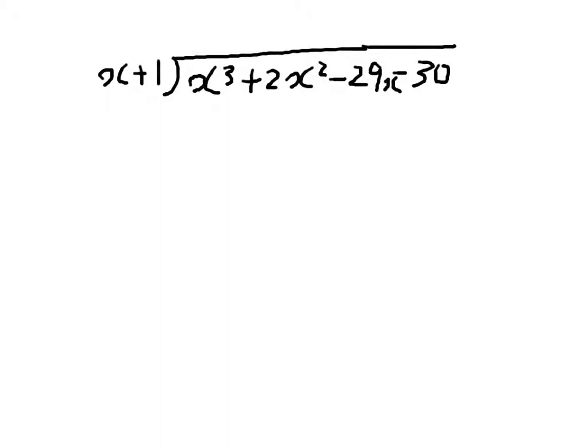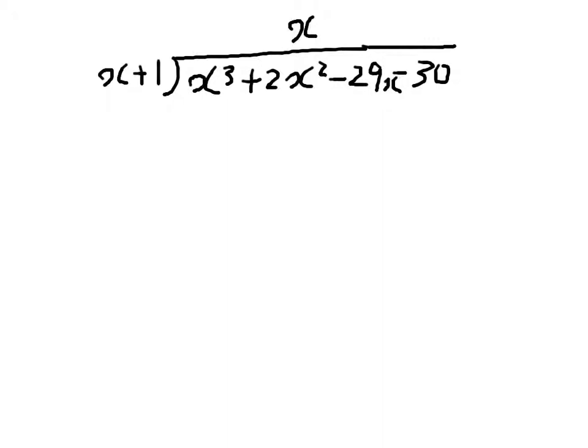So now we're going to start the long division. So here your target to make is x cubed. You need to multiply this x times something to make x cubed. So I know that x times x squared will give me x cubed.